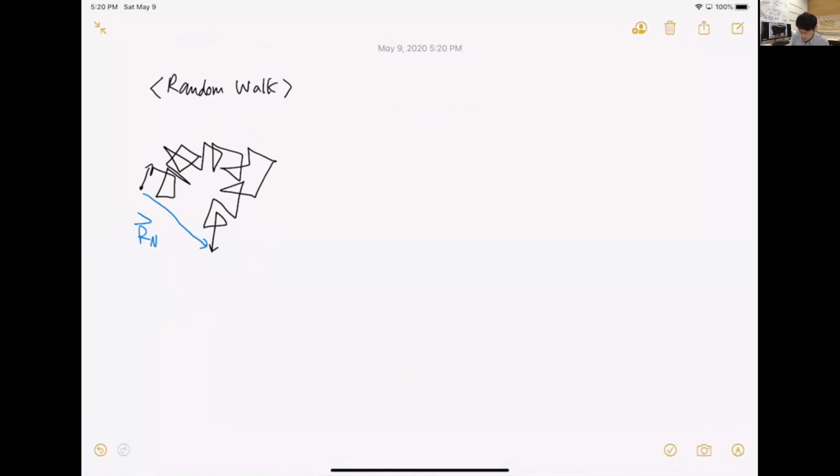So the nth step of displacement would be from the previous step, that's the n minus first step of displacement, plus a one-step vector, let's call it L. This L should be kind of random.